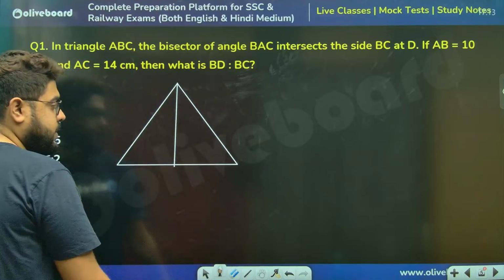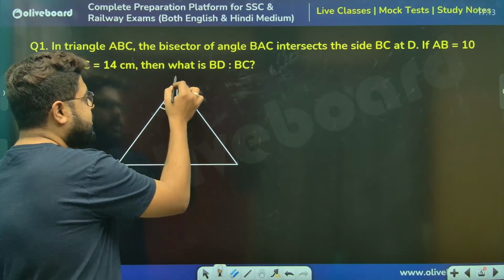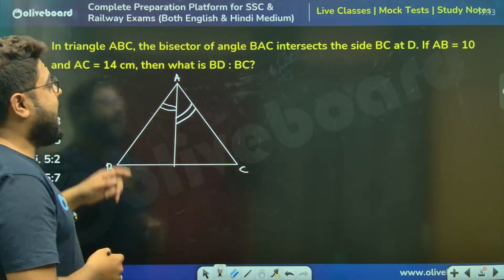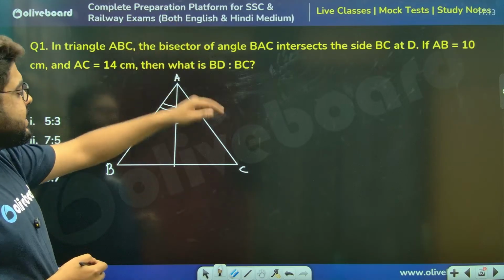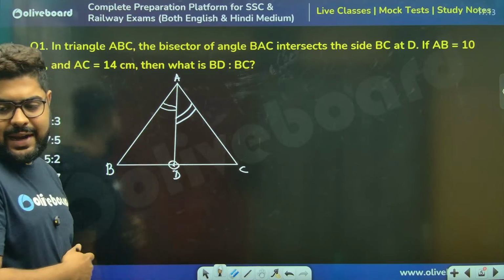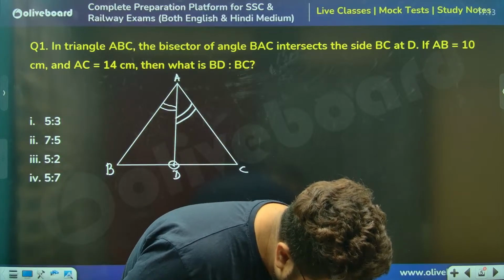They are saying this angle is equal to this. So this is A, B, C. Angle BAC, the bisector of it meets BC at point D. Kamal has also given D.